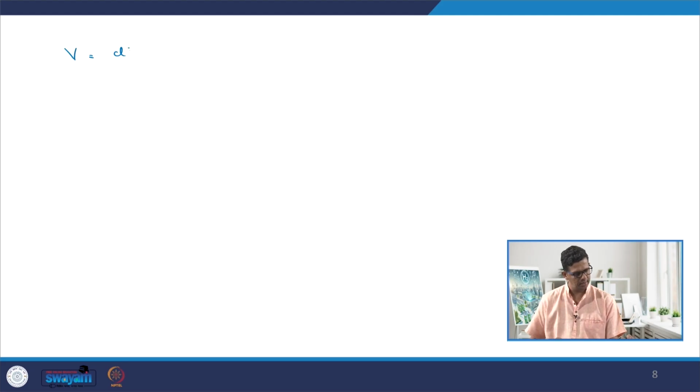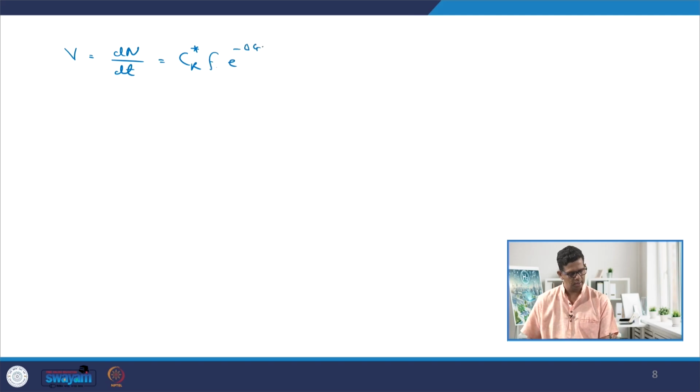Rate of reaction is the rate of change of concentration per unit time. So, it is equal to Cr star F1 e to the power minus delta G1 by RT minus Cp star F2 e to the power minus delta G2 by RT.